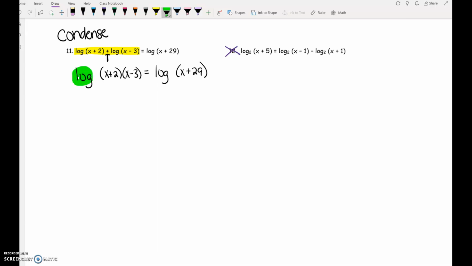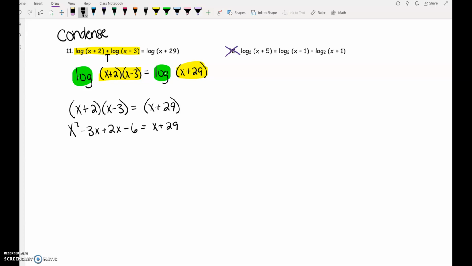Now we've got log of stuff equals log of other stuff. So we know that the first set of stuff equals the other stuff. Okay, we would have to double distribute. Oops, plus 2x. Combine our like terms.